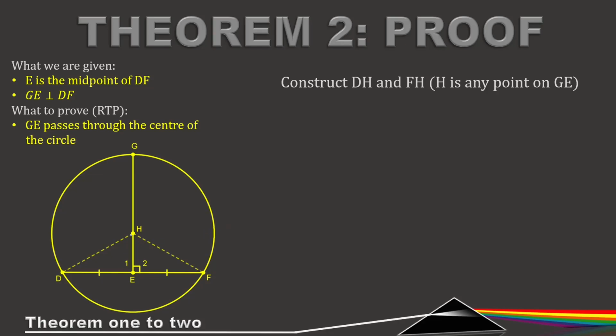So what we want to do is, after we've constructed these, again, we have these two triangles, okay? And what we want to prove at the end of the whole thing is that DH is equal to HF. And why do we want to do that? Because we want to prove that any point on this line, wherever it lies, will be equally far away from D and F, okay?